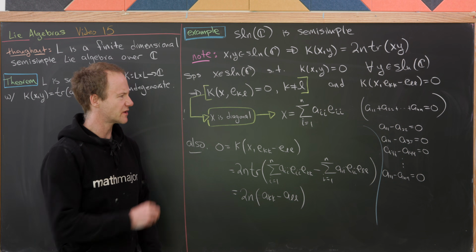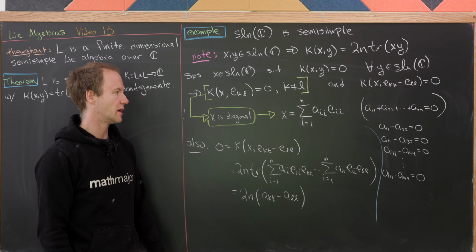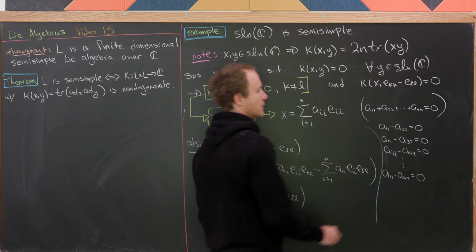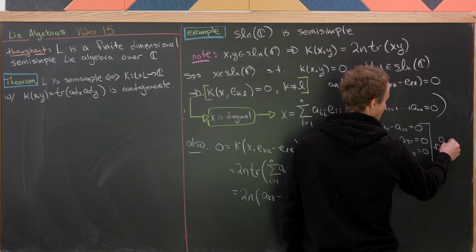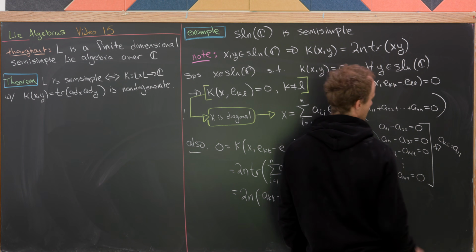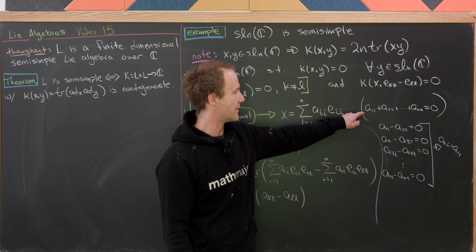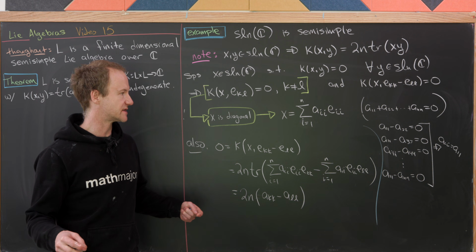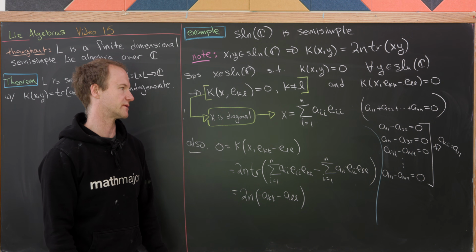Oh, but observe that that means that a_22 is the same thing as a_11, a_33 is the same thing as a_11, and so on and so forth. In other words, we have a_ii is equal to a_11, meaning if we plug all of that up here, we'll see that adding all these together tells us that n times a_11 is equal to 0, meaning that a_11 is equal to 0.